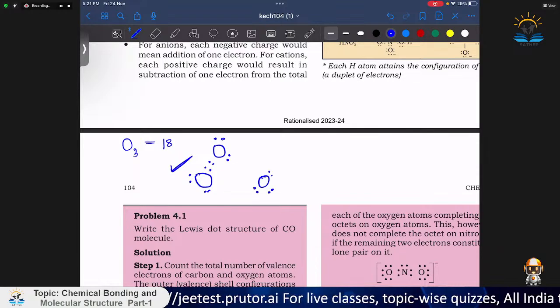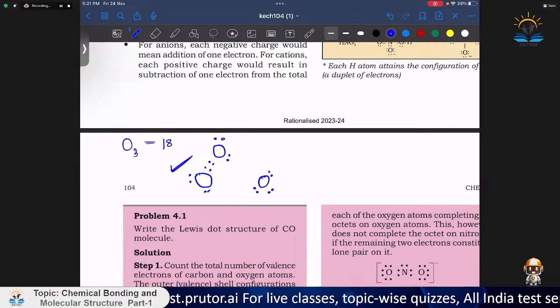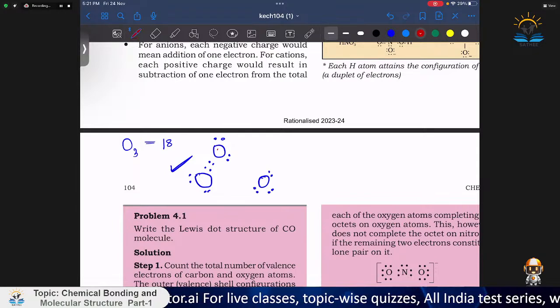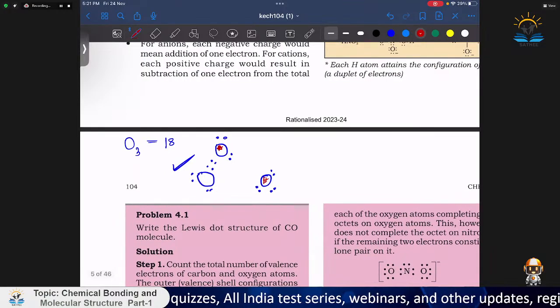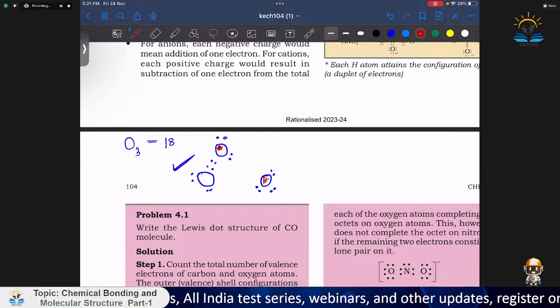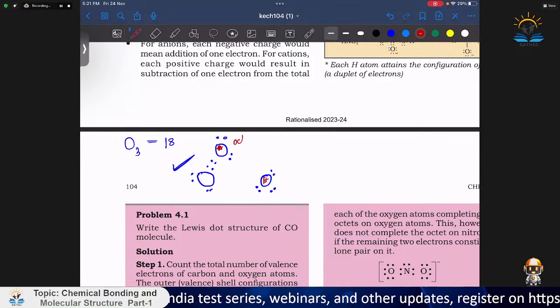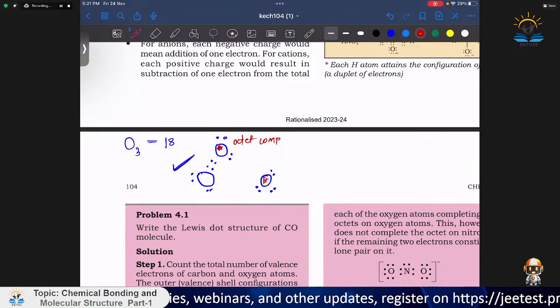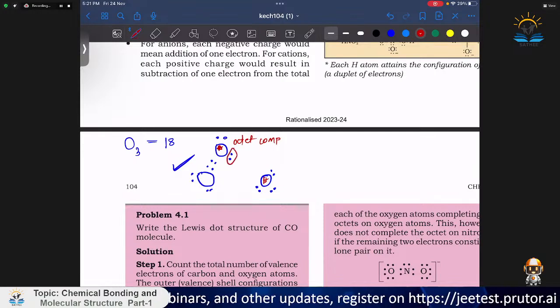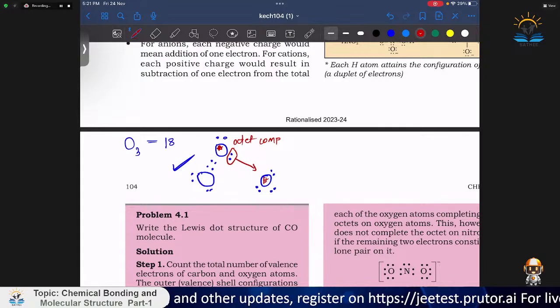The oxygen which I'm marking with a star, because its octet is complete, does not need any extra electrons. So what it does is it gives these 2 electrons and shares them with this oxygen.